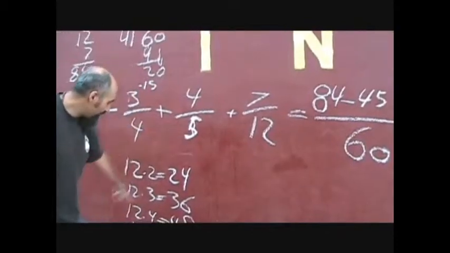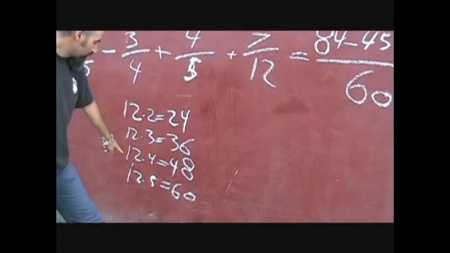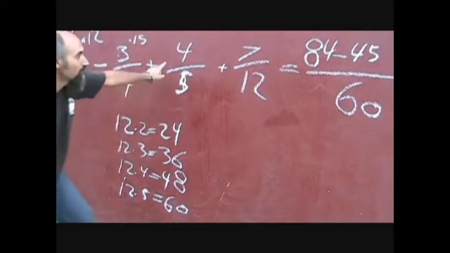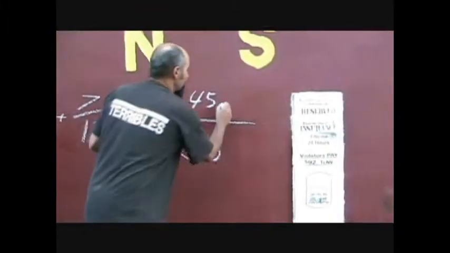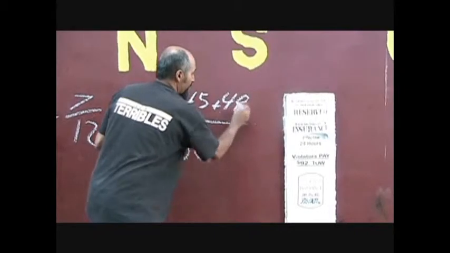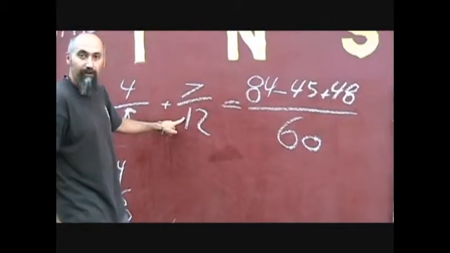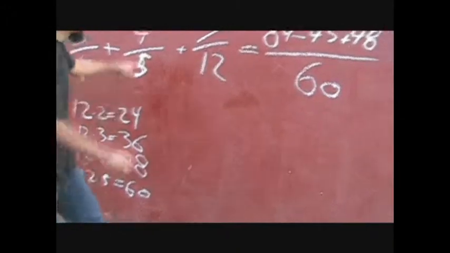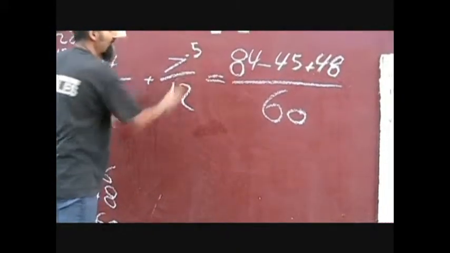We multiply 5 by 12. So 12 times 4, we already did it over here, is 48. So it's going to be plus 48. And we've got 12 here. Well, we multiply 12 by 5 to give us 60. So we multiply 7 by 5 as well. 7 times 5 is 35.